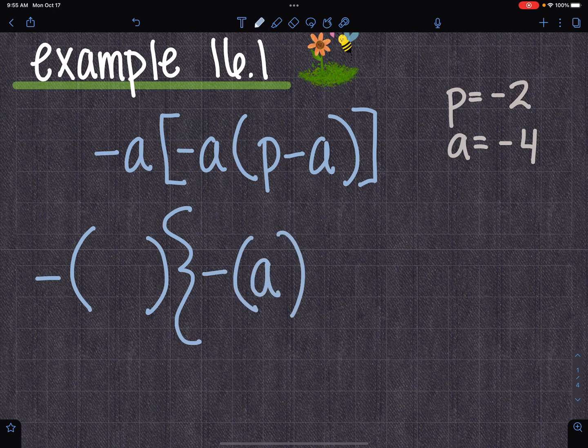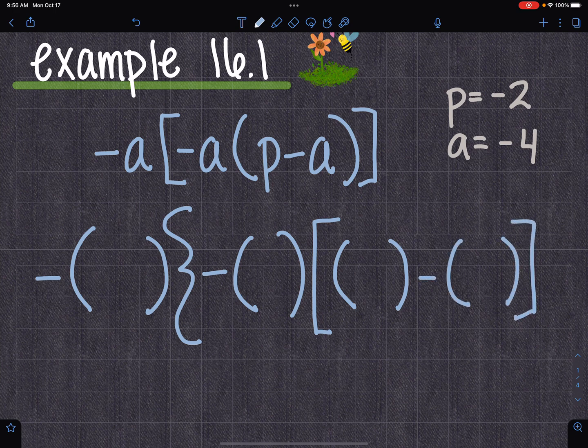Well, I'll just erase the A. I did that out of habit. And then I've got this set of braces here, which I'm going to turn into these brackets. And then, instead of P minus A, I'm going to do parentheses minus parentheses. Then close that bracket. And then don't forget to close this bracket too. Okay. So I'm going to put another brace there.